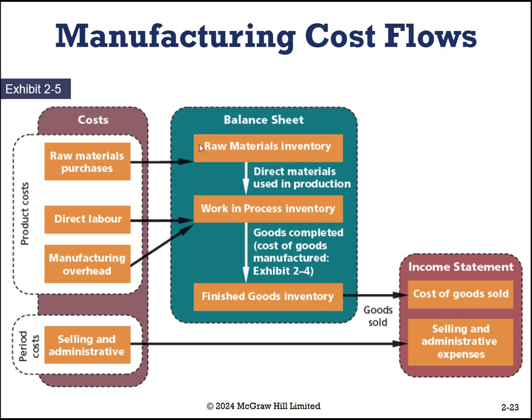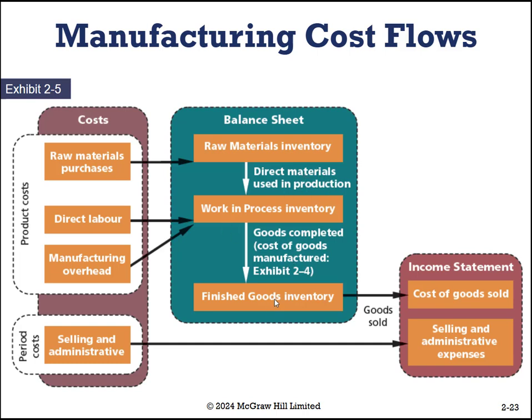We start off with raw materials, RM, and then we add in our conversion costs, our DL, our MOH, and then we go from raw materials to work in process to finished goods, transferring our ins and outs, ins and outs, ins and outs as they circulate through one another.